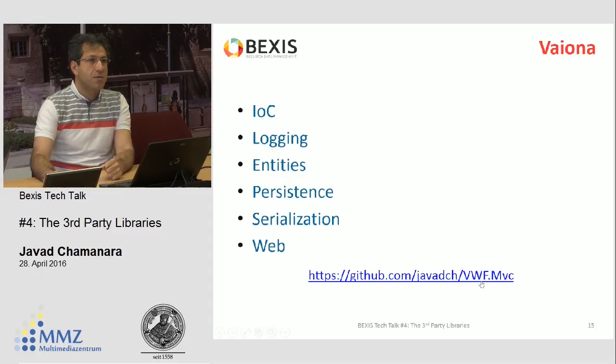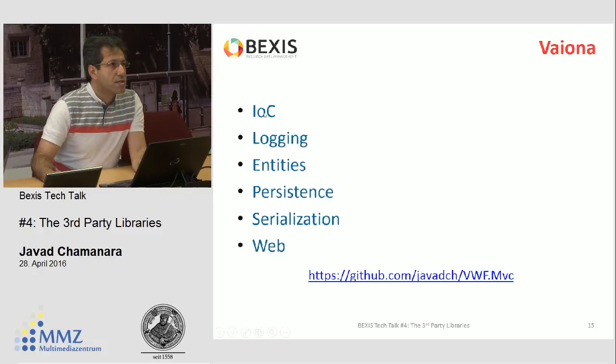This is also available on GitHub, not released yet, but maybe on Monday it will be available for the public too. So I'm going through the features of Vaiona one by one, and maybe providing some examples of what these features are doing in BEXIS.